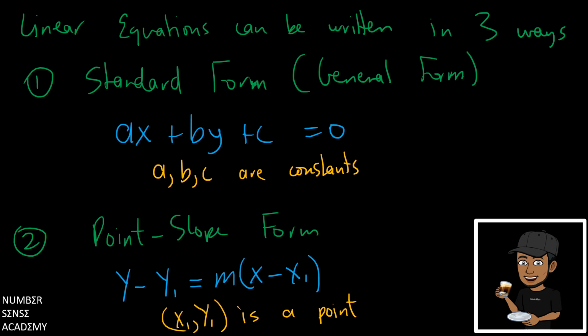And then we have y, x, and m. M is what we call a parameter, and we'll get into that. Y is the dependent variable, and x is the independent variable. And y1 and x1 are just some point. So this equation is self-explanatory. There's a slope and there's a point, so it's point slope form.